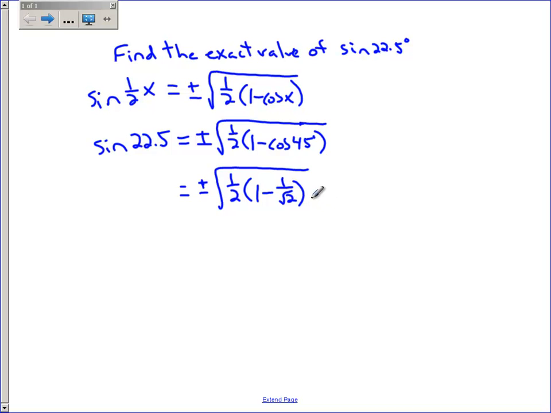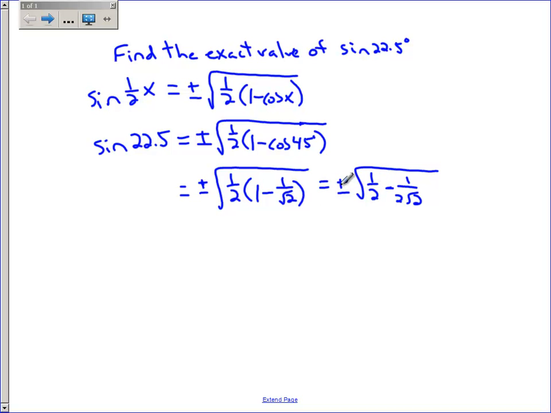Now, if you want to simplify this, you can distribute this 1/2 through. I'm going to keep the plus or minus there. If you distribute that 1/2 through, we get 1/2 minus 1 over 2 square roots of 2. There's a square root inside a square root. It's Inception with square roots.